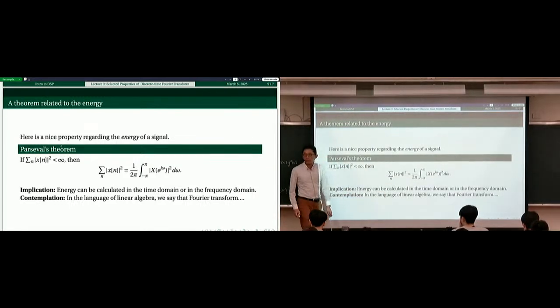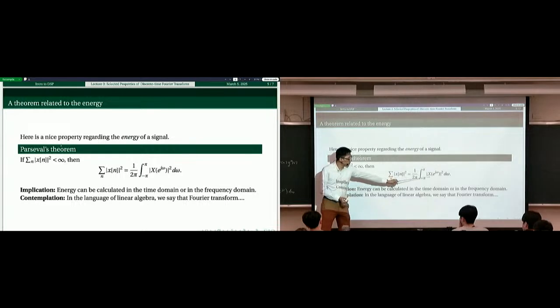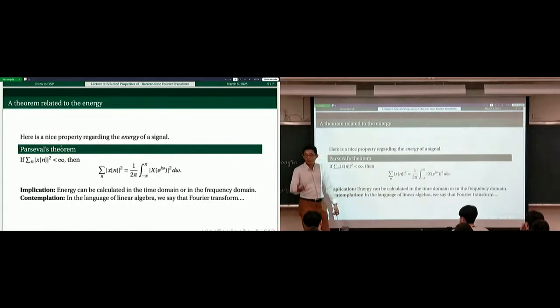And what's the relation right here? Take a look again at this identity. It tells us that by going to the frequency domain, the norm square is essentially preserved, 是保留的.